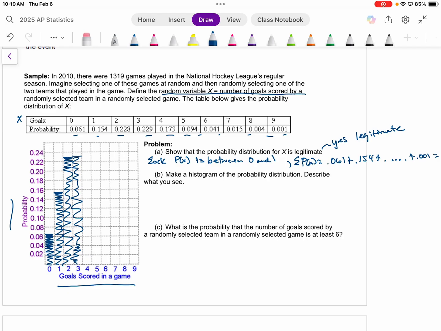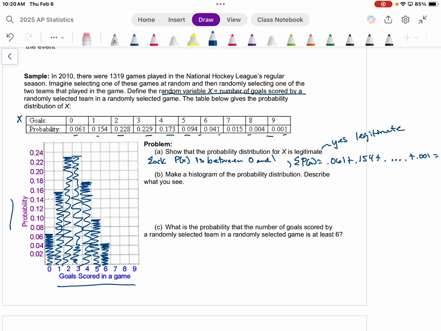And then we drop down to 0.17, somewhere about right there. Then we go to 0.09, so right about there. And then we drop down to 0.041, just right above the 0.04 line.